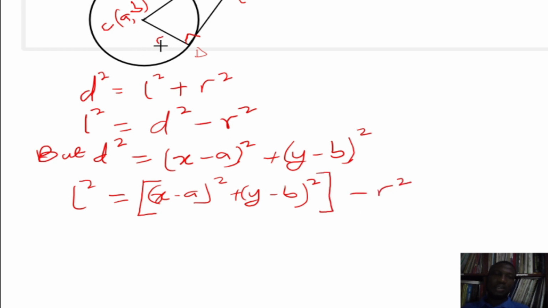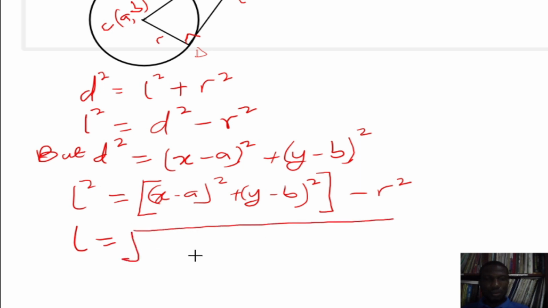Remember, we found r already from the equation of the circle, according to the first point in the steps. Then because we are looking for the length L and not L squared, our L will become the square root of (x minus a) all squared plus (y minus b) all squared, and the whole of this minus r squared.